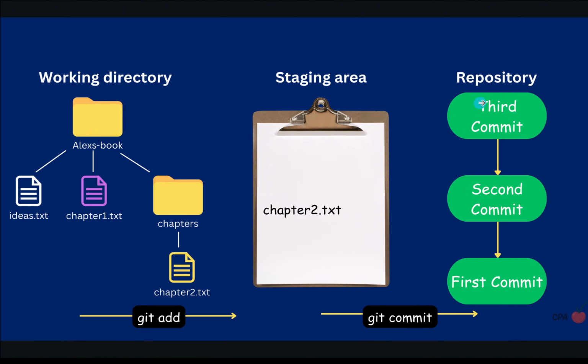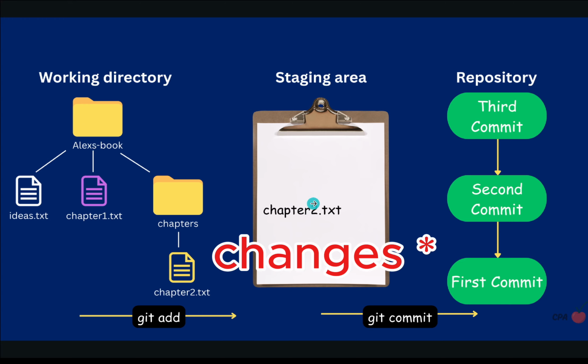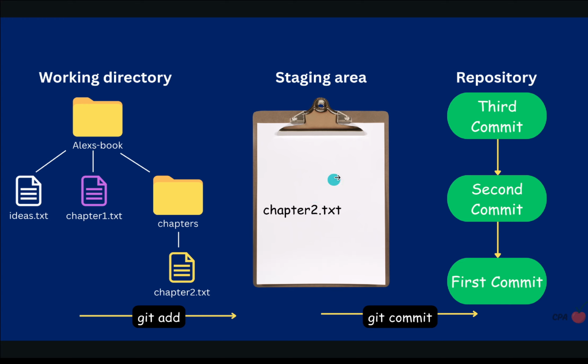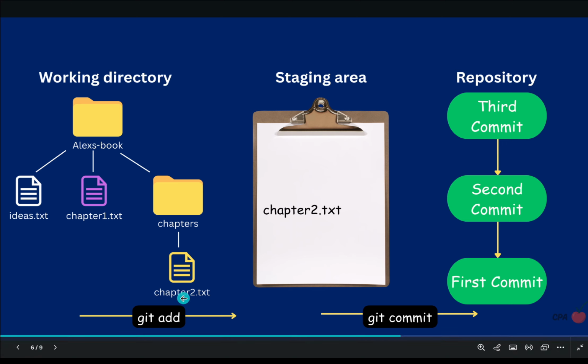So basically the third commit has exactly the same files as the second commit, except for chapter 2, which has a new version. So in summary, the staging area enables us to choose which files we want to have in our next commit. And in this example that I just gave, it helped us to only save chapter 2 while we didn't want to save chapter 1 for now.